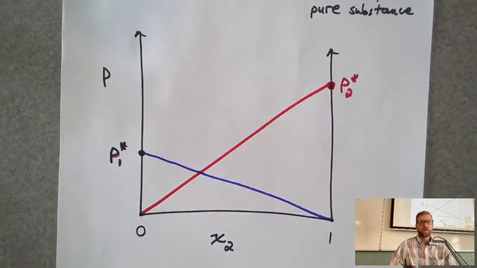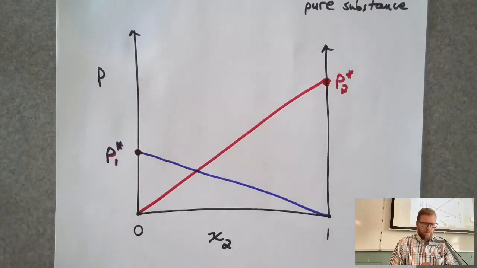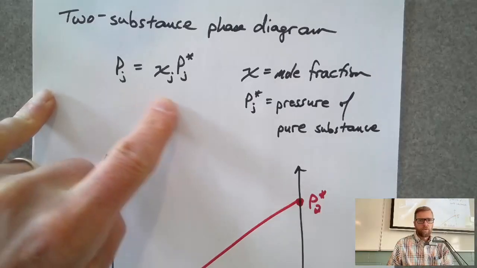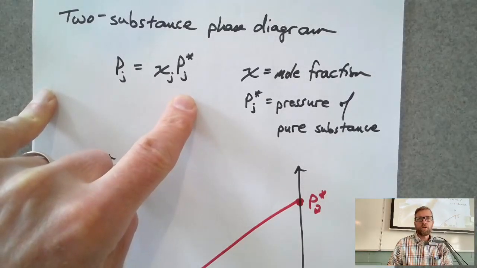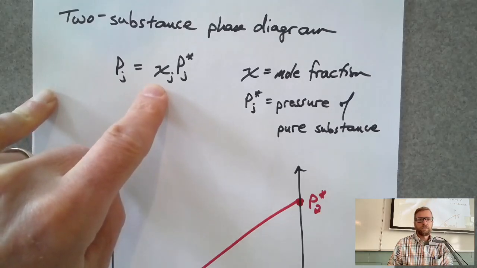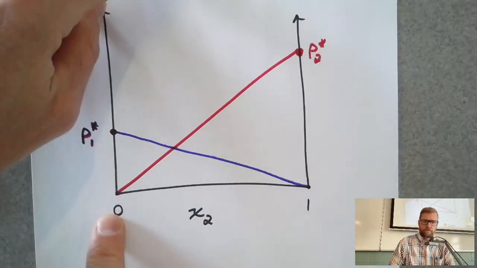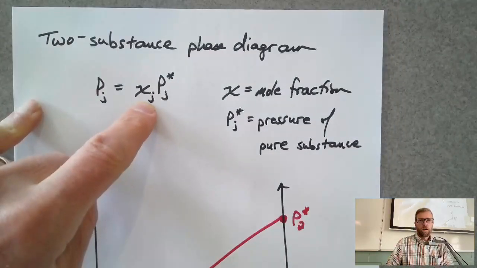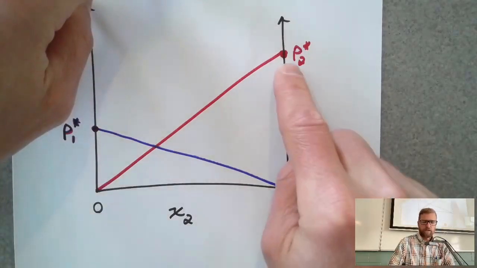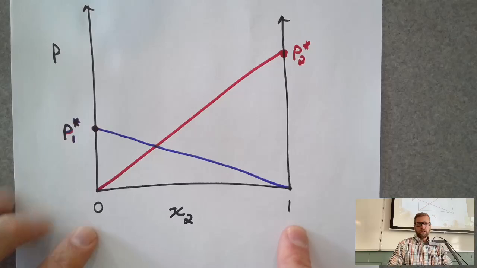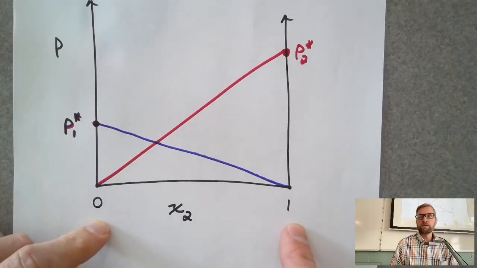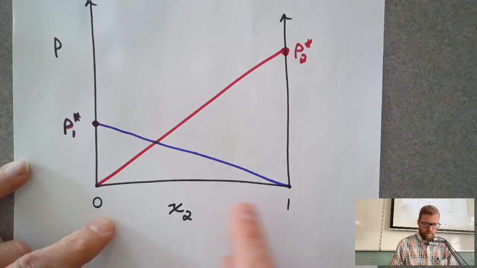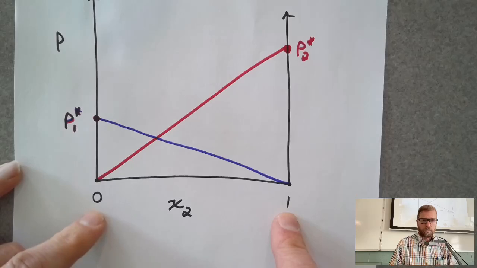Notice that this is a linear function, right? Let's go back and look. Pj equals xj times pj star. So when xj is 0, then the pressure is 0. When it's 1, then it's P2 star. And x1 goes in the opposite direction of x2 because this is a two-component mixture. So the mole fraction of x1 is 0 here and 1 over here.